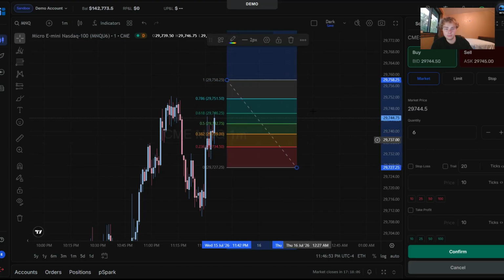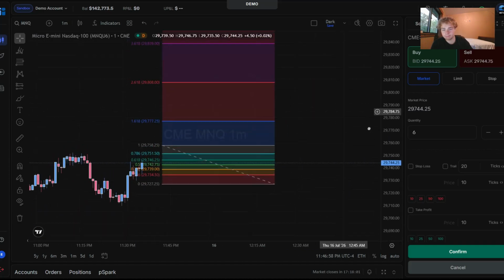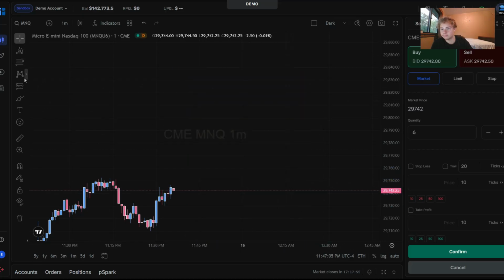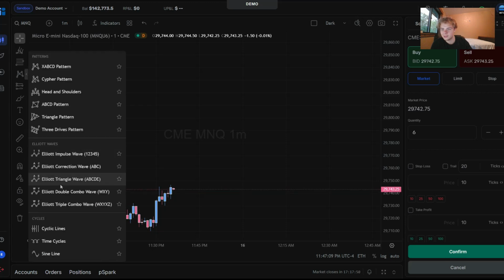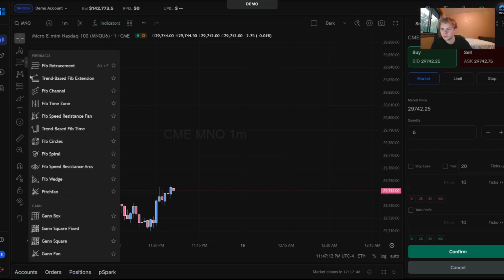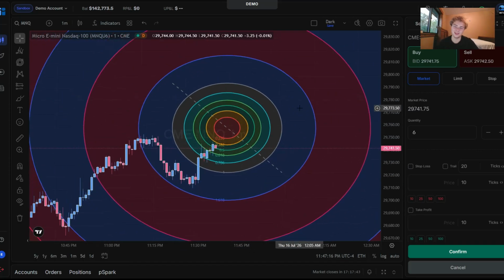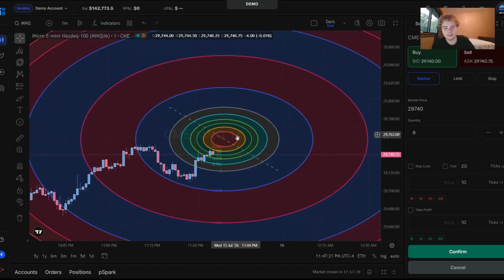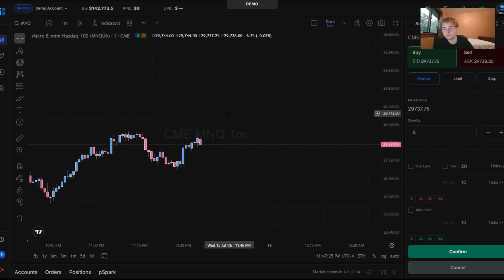There's fib stuff. Again, very specialized tools. It shows ratios of all sorts of stuff. My favorite one is the circle. Yes, this is a great way to make your screen very colorful. The giant circle. Again, you're probably never going to find this useful.